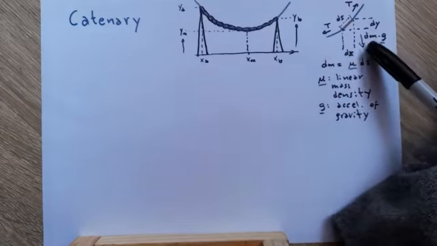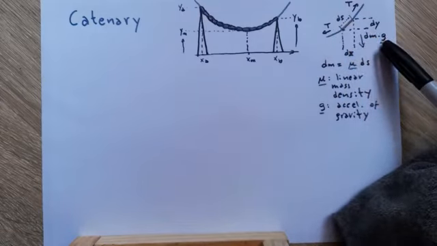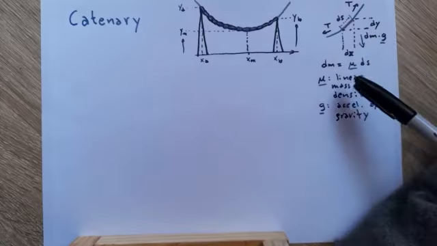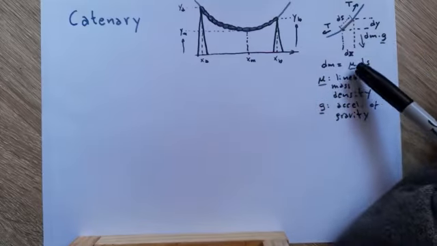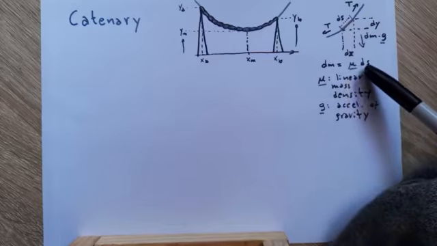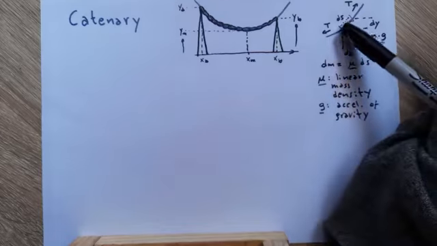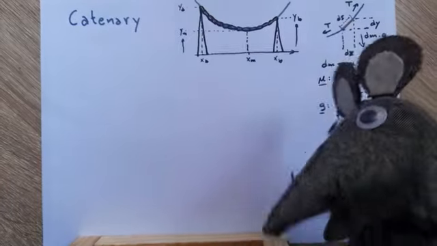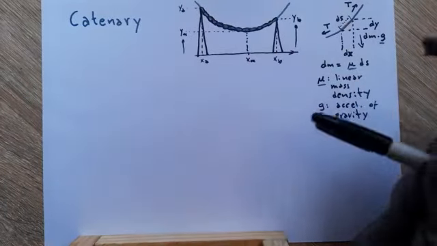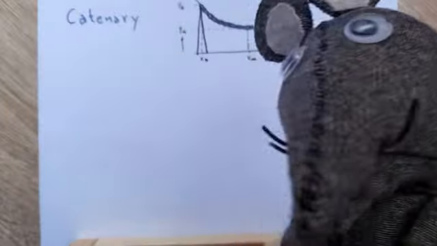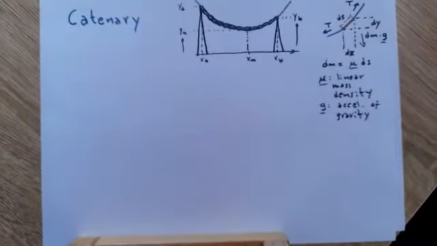Its weight will be dm times the acceleration of gravity, g. For dm, we will introduce the linear mass density mu times ds, the length of the element. Now we are ready to go.